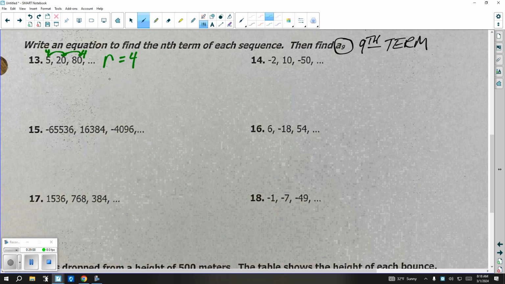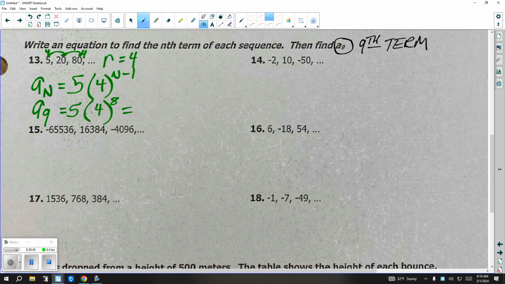So then the nth term, any term, is going to be the first term times R to the n minus 1. And then we're going to find the 9th term. So it's going to be 5 times 4 to the 8th. I'm not going to do it. You're going to do that.